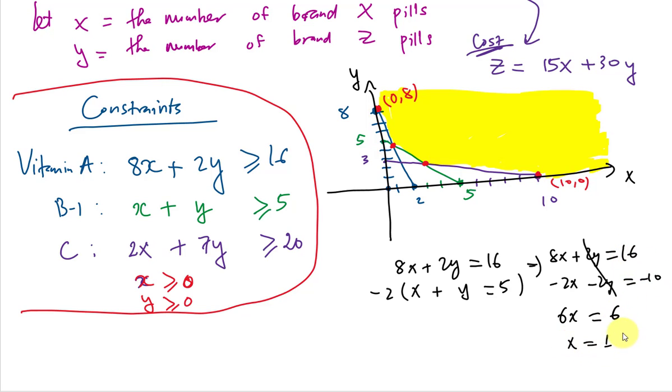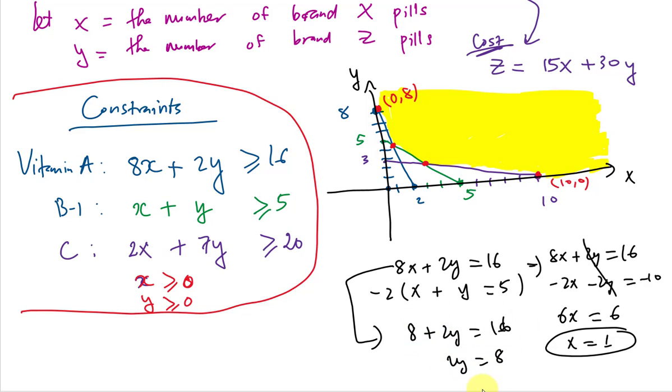So x is 1. When my x is 1, I plug into one of the two equations. So let's just plug into this equation. 8 times 1 is 8, plus 2y equals 16. And then subtracting 8 on both sides, 2y equals 8, and y equals 4, right? So that point is 1 and 4, right here. So that's how you solve for that.